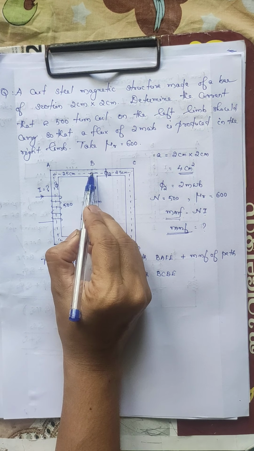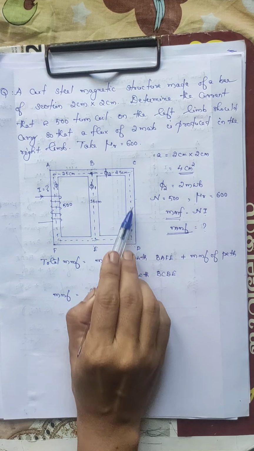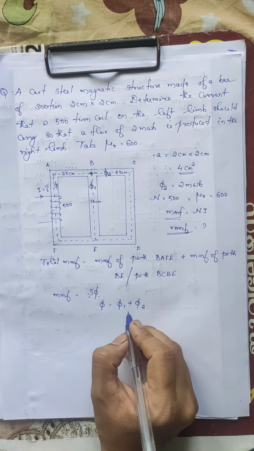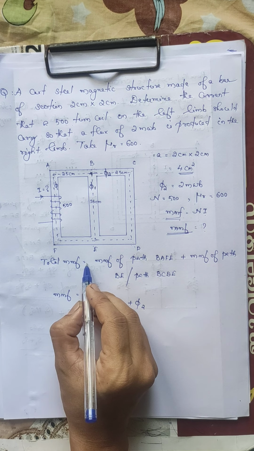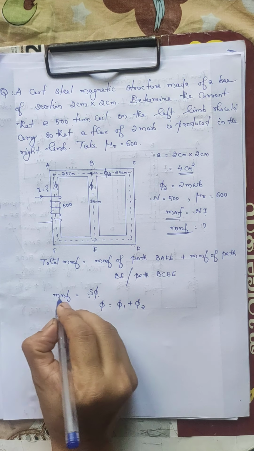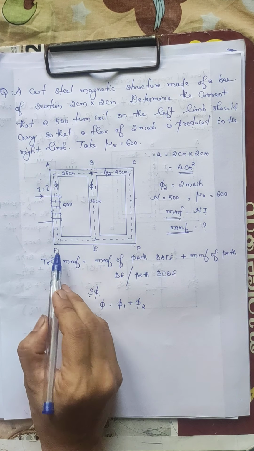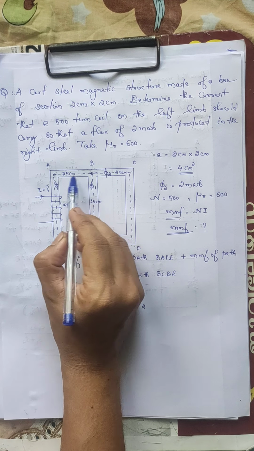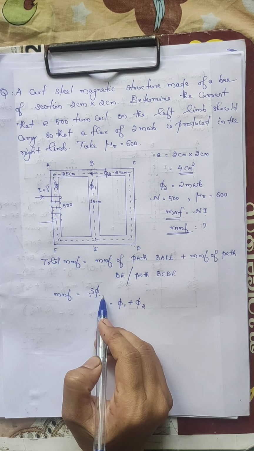The total flux phi divides, and phi 1 is carried by path BE and phi 2 is carried by path BCDE. So for calculating the MMF of path BAFE, we need to know the reluctance of that path as well as the flux carried by that path, because MMF is reluctance into flux.